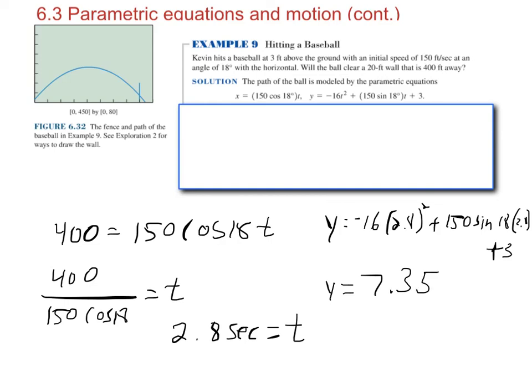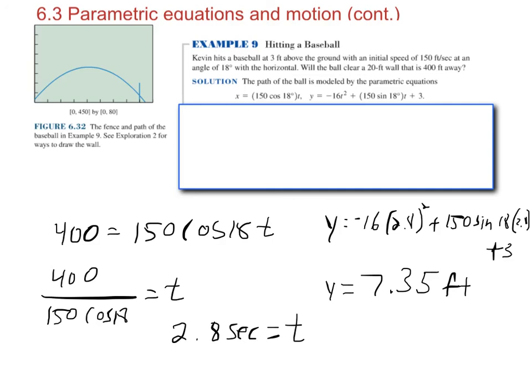So this is the y piece. So at 2.8 seconds, the height of the ball is only 7.35 feet. Therefore, it will not be clearing a 20-foot wall.